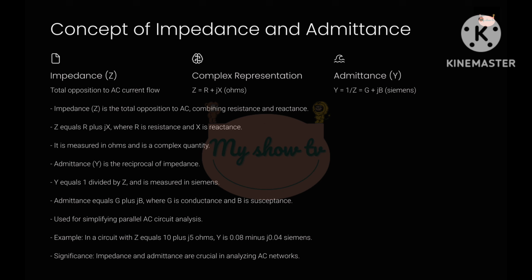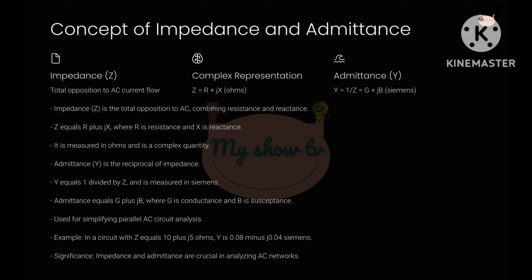Impedance is measured in ohms, just like resistance, but unlike resistance, it is a complex number with both magnitude and phase. Reactance is of two types: inductive reactance, caused by inductors, and capacitive reactance, caused by capacitors. These affect the phase of the current with respect to voltage.